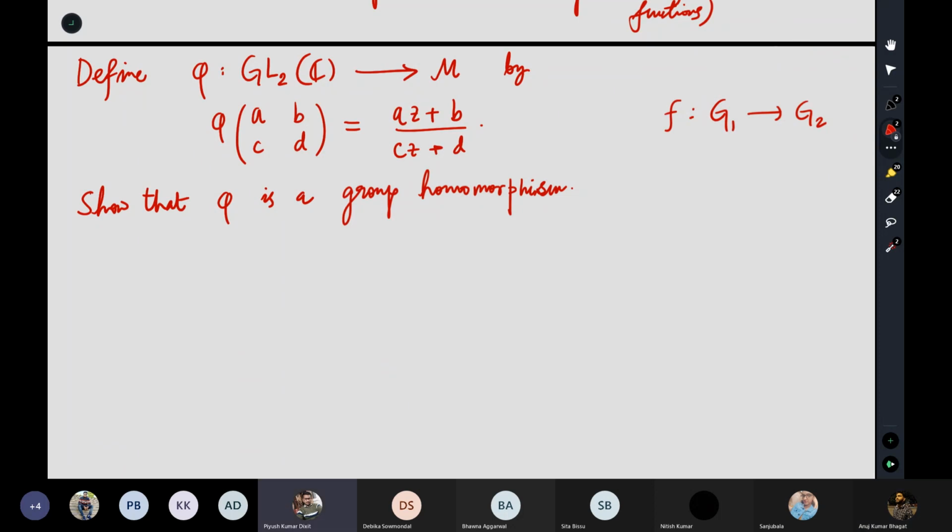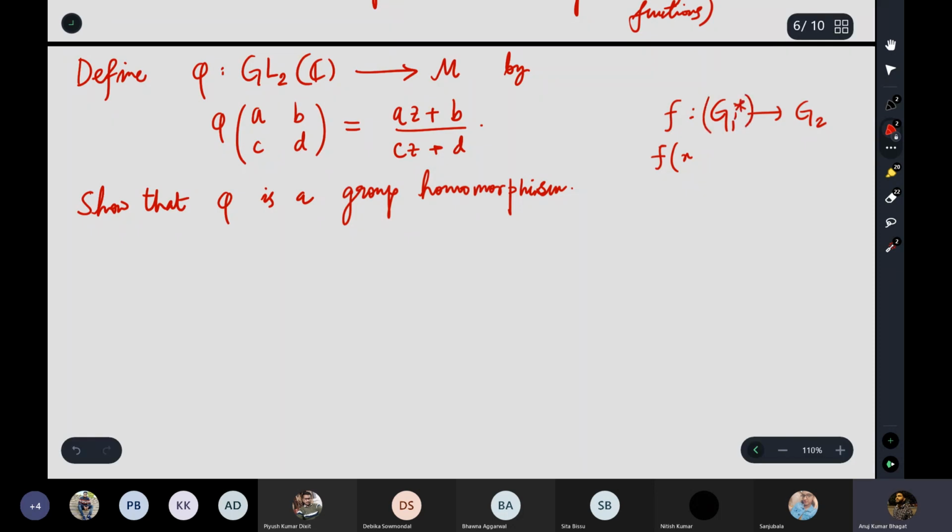If f of (x1 star x2) equals f(x1) triangle f(x2), meaning two binary compositions, one is star and one is triangle, respectively on G1 and G2. Right, that's correct. So if the composition here is star and here it is triangle, then this should be equal to f(x) triangle f(y). So what you said is correct.